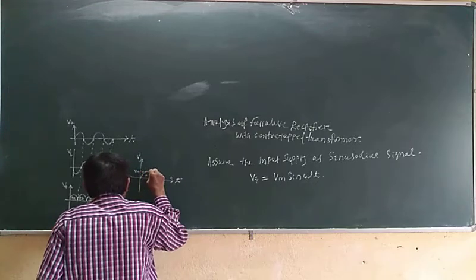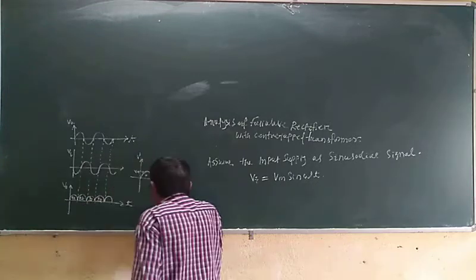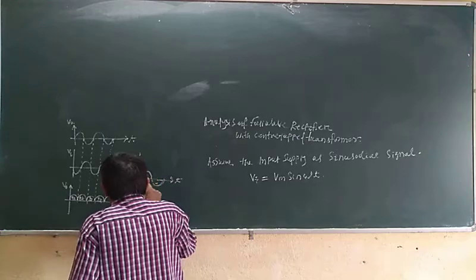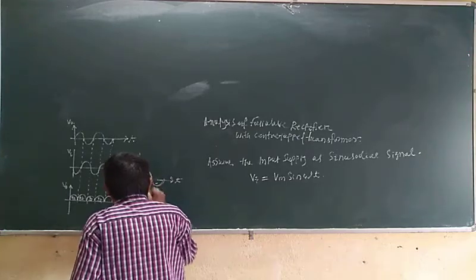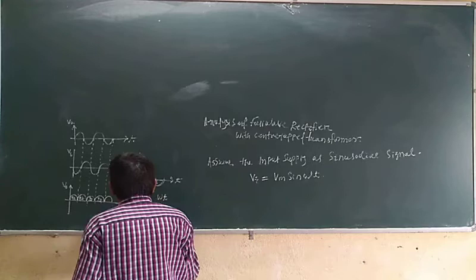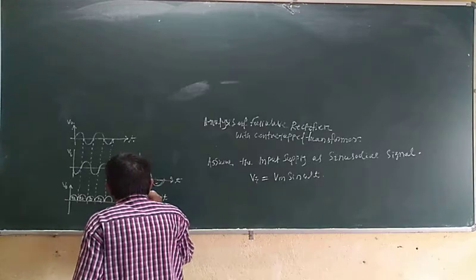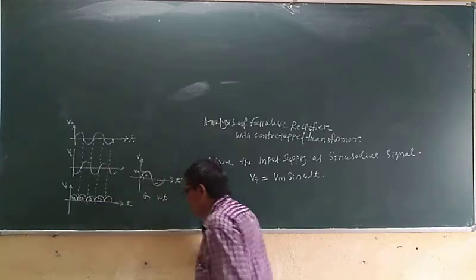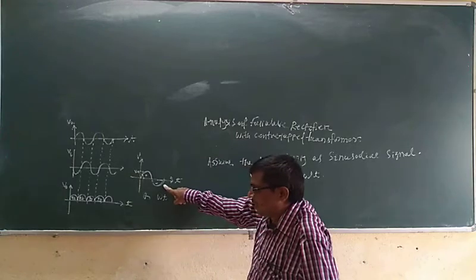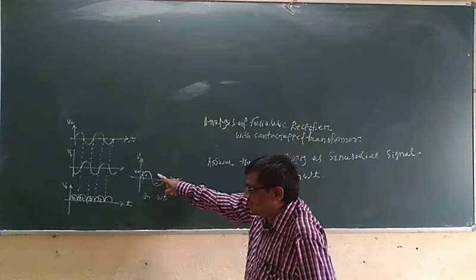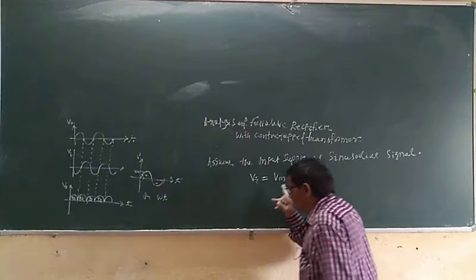In terms of angular velocity and angle, omega t is theta. So this signal is sine in nature, and it is also called sin omega t.